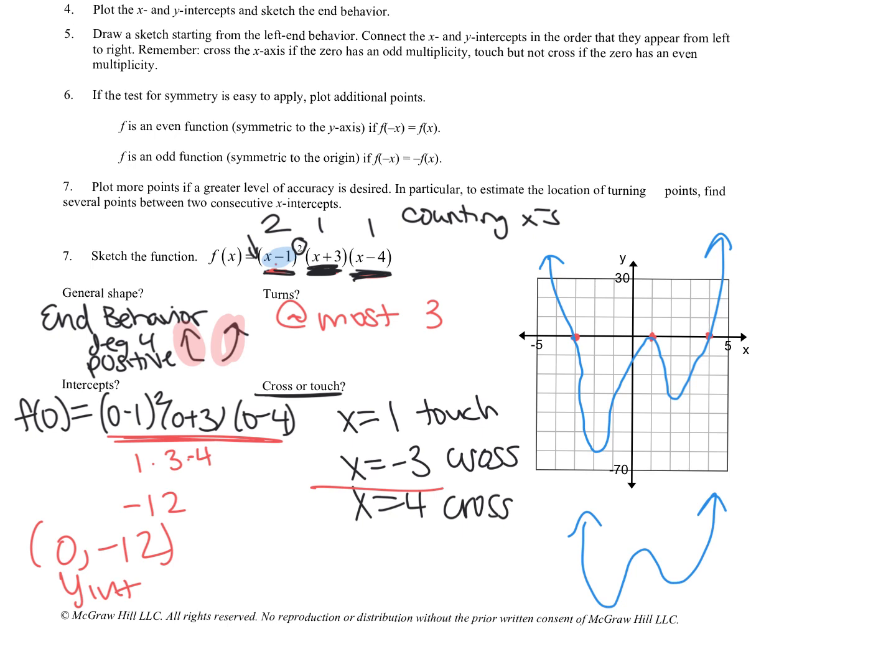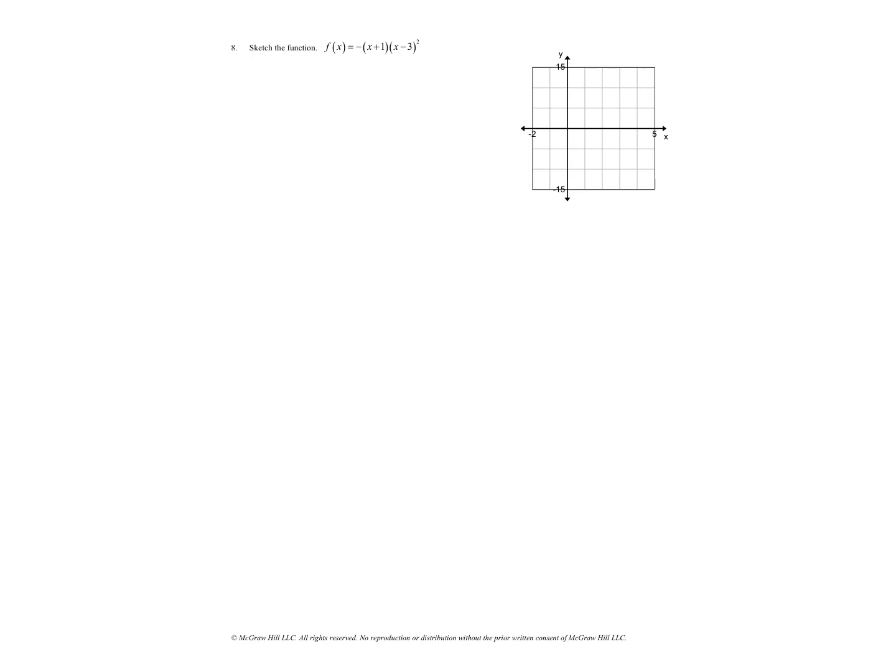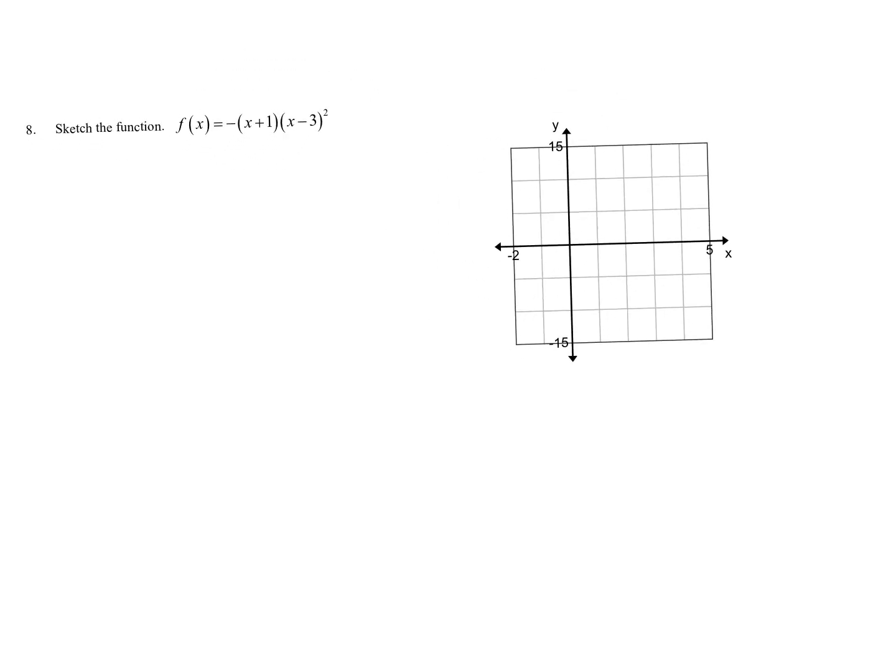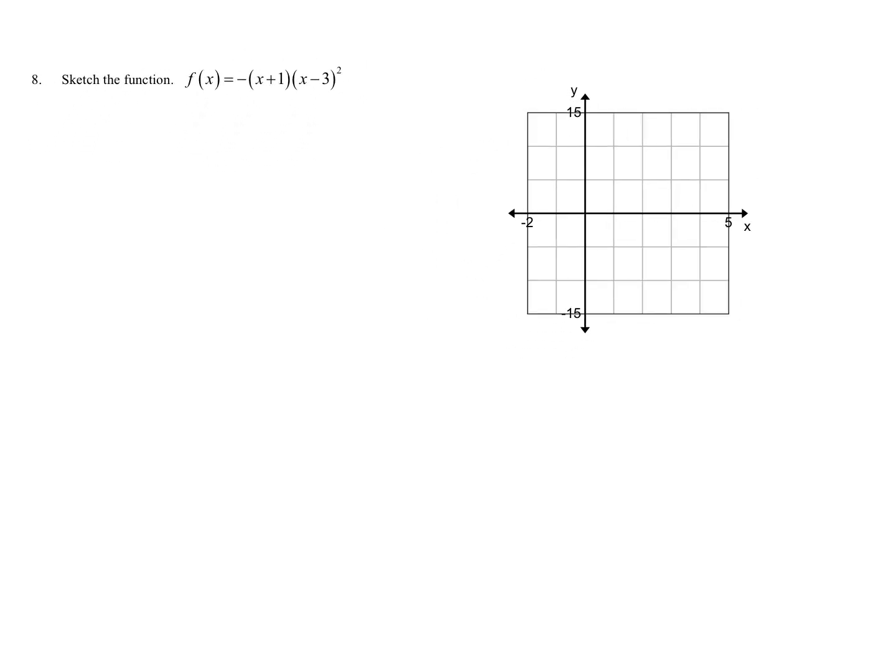So just do your best to at least know where it crosses the x-axis and then also the end behavior. But as far as drawing a perfect graph, you don't have to worry about that, I promise. Okay, let's keep going. It looks like we've got one more here that we're going to sketch. We're just sketching, so like I said, please don't get hung up on making it perfect.